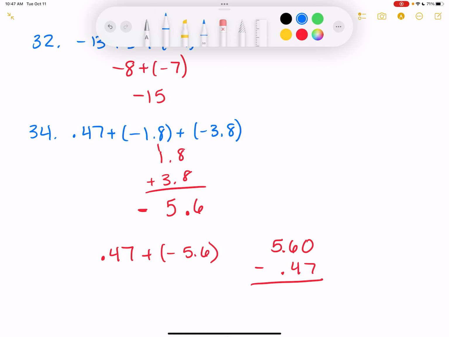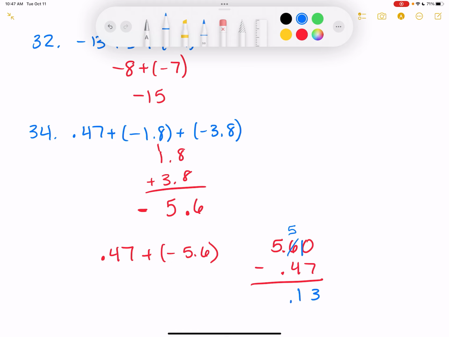I want to get the 5, take one away from it to add to the 0. So I'm going to take it away from the one closest to it. Okay. So I'm going to take it away from here and make this a 5. So I have 10 minus 7 is 3. 5 minus 4 is 1.